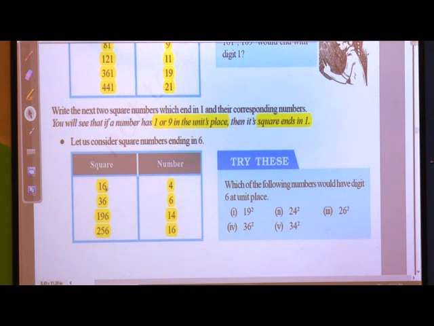So, if the square numbers are ending with 6, the numbers are ending with either 4 or 6.